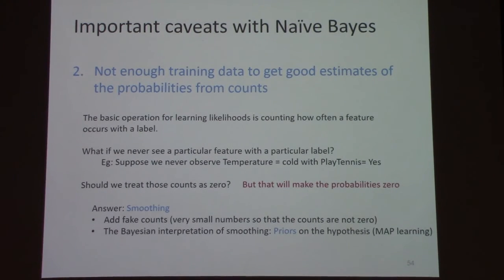This seems like a hack, right? You pretend that you hallucinate. Basically, changing that counts to 1 is saying that you are hallucinating examples. You are hallucinating that there is this example that never existed. It turns out there's a very clean Bayesian interpretation of this.